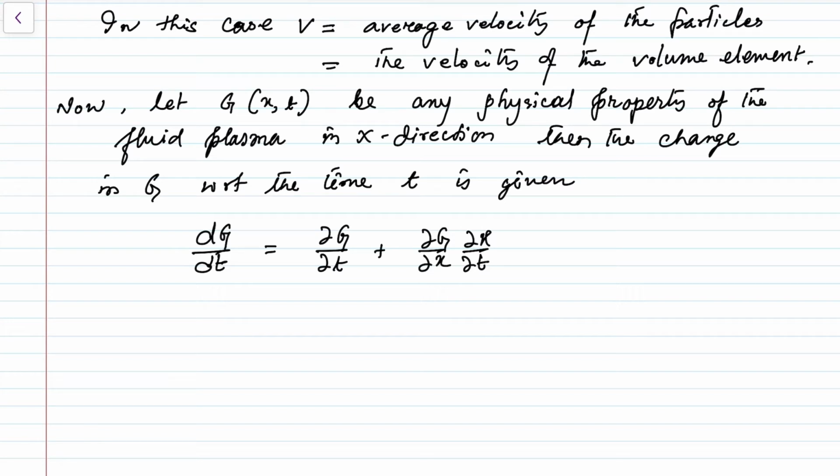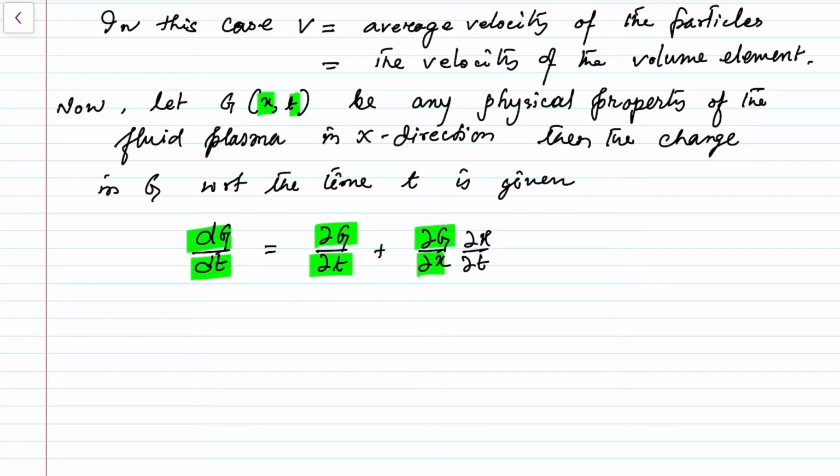Because it is a function of x and t, we need the partial derivative of z with respect to t and that of z with respect to x. Then, as x is changing with respect to time t, we multiply del x by del t with del z by del x. Hope it is clear.